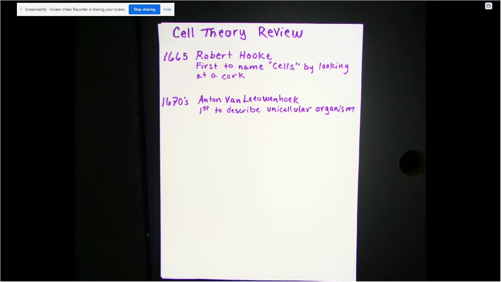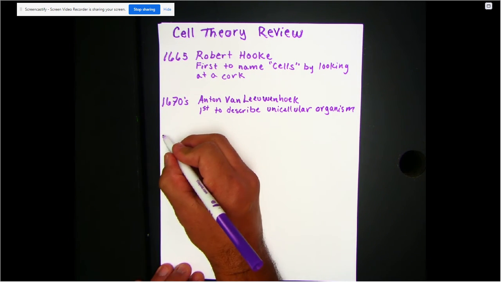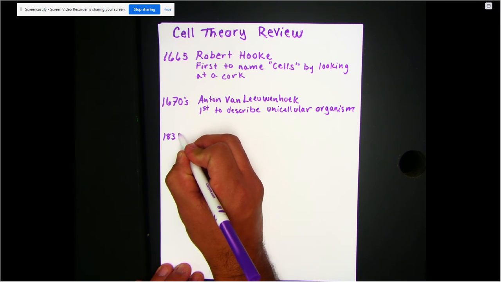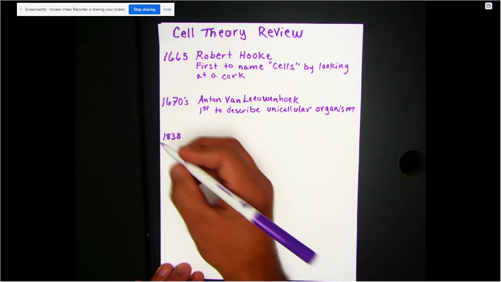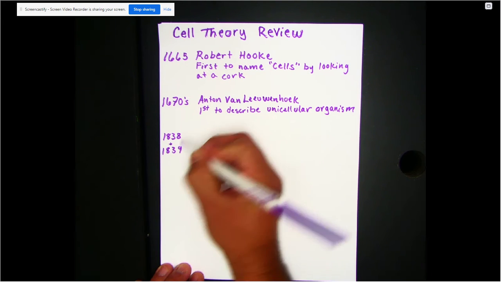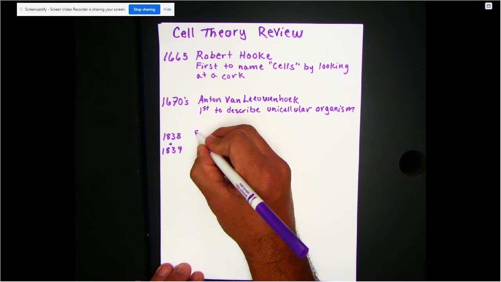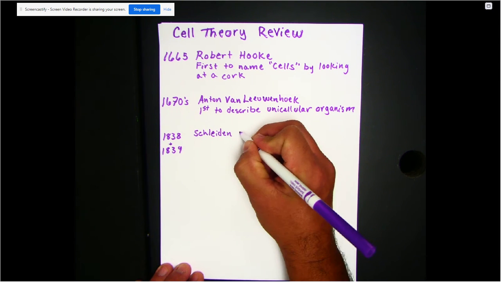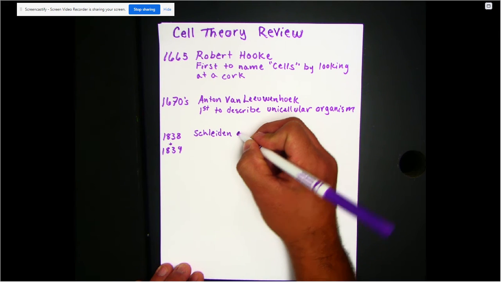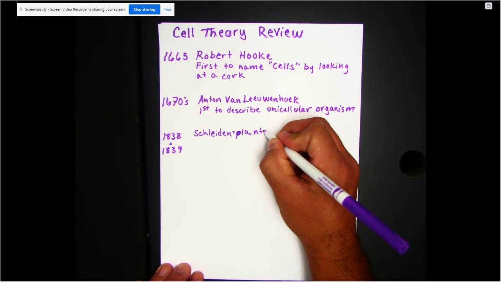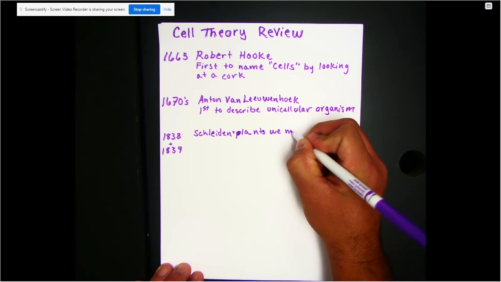And then years later, in 1838 and 1839, you had Schleiden, who said that plants were made of cells.